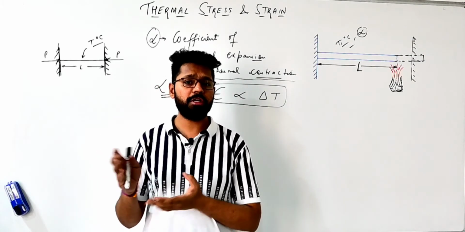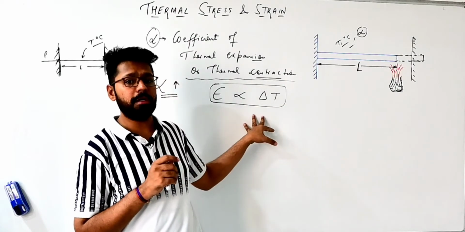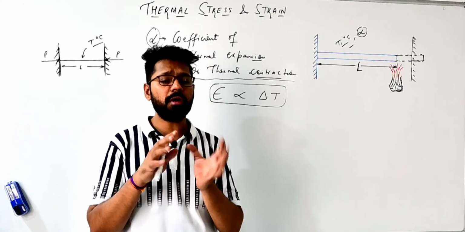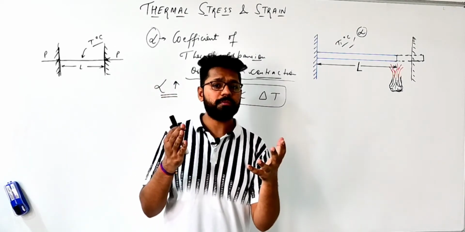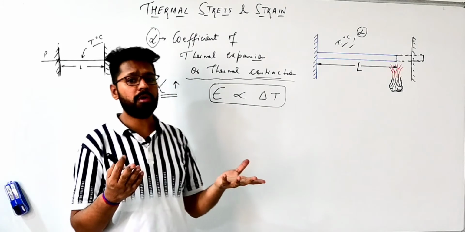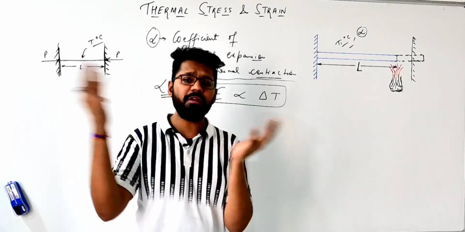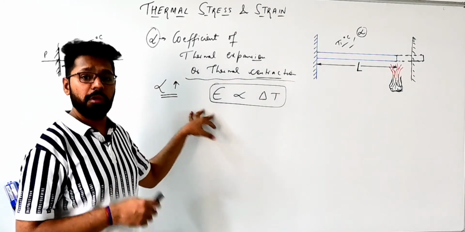So two temperatures are there, and a temperature gradient will occur here. So del T is our temperature differential, temperature difference or temperature gradient. If del T is more, the strain will be more, because the material will expand more when the heat is more.